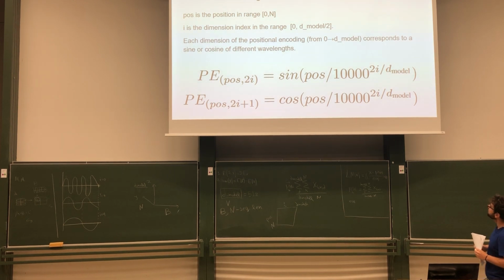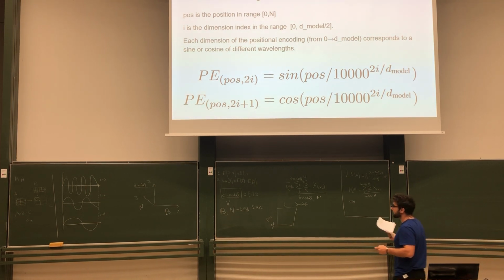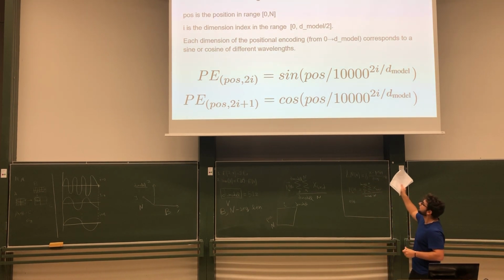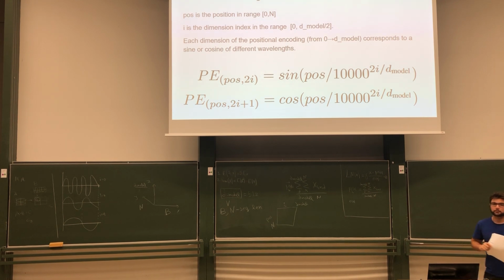So let's see. What is the wavelength of this equation? Let's say the top one. Yes? In general, 2 pi, or what do you mean? All the thing that's in the sine, what is the wavelength?